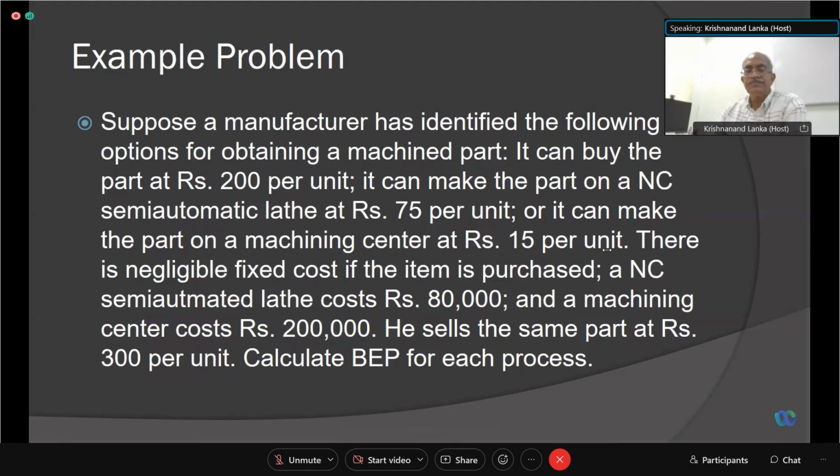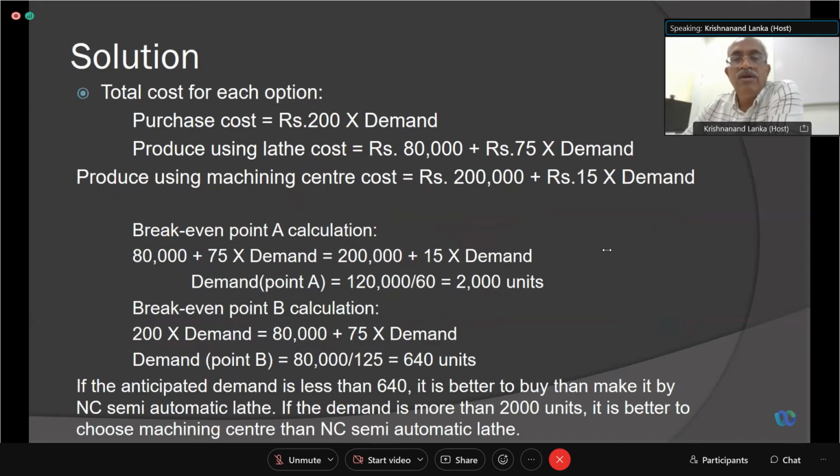So naturally, the machining center costs you heavy, so the fixed cost component is 2 lakhs. So that is how. So here you have two break-even points.